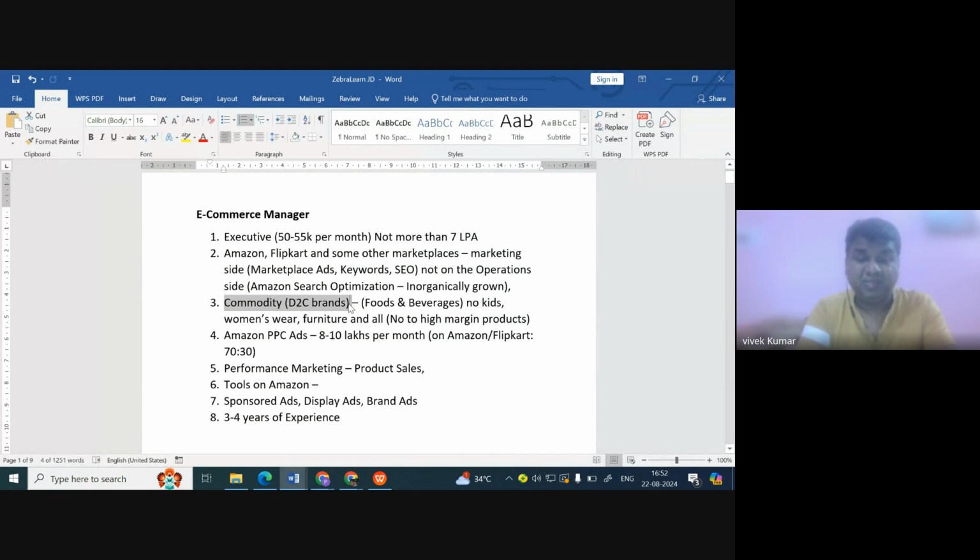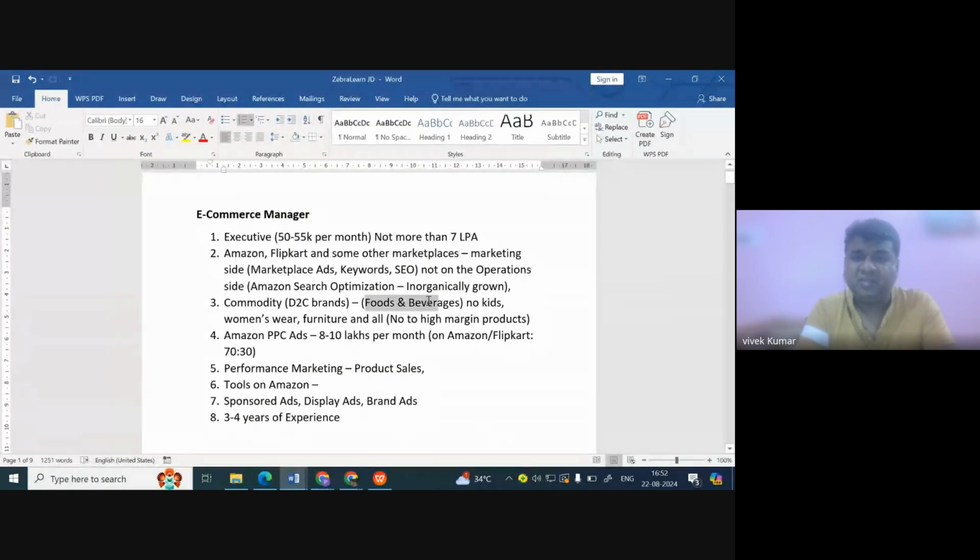They mentioned that they want someone who has handled D2C or direct to consumer brands like Mamaearth, FirstCry. These are all examples of D2C brands, which were launched directly for consumers. They can purchase it online directly, initially.